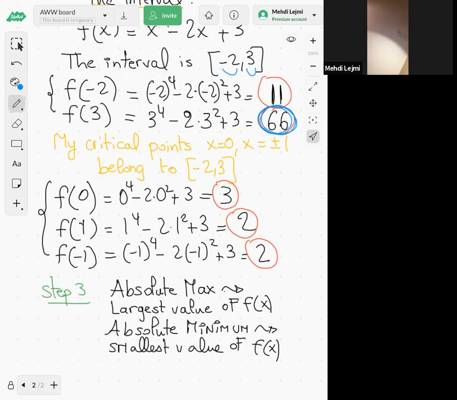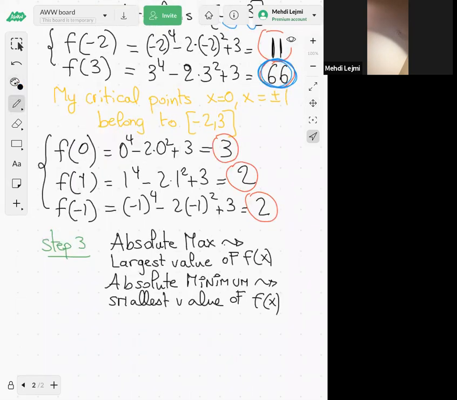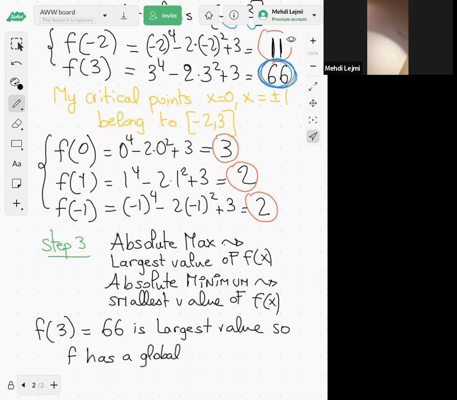So f of 3 is 66, the largest value. So f has a global or absolute maximum at x equal to 3.